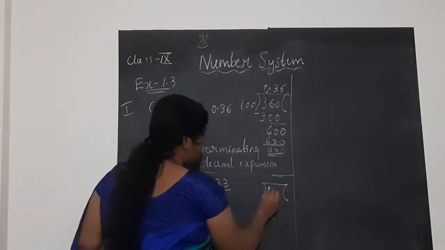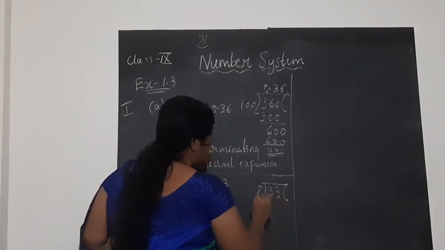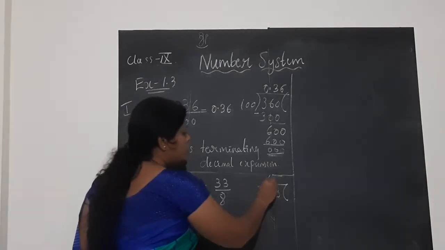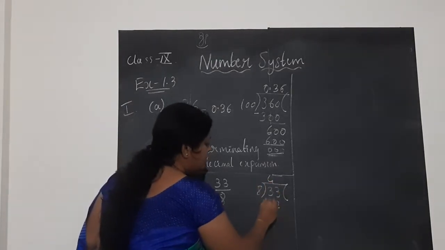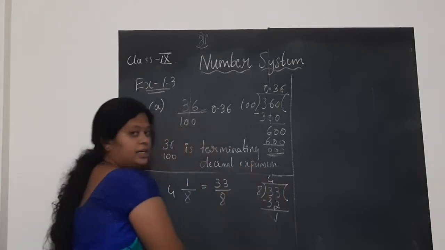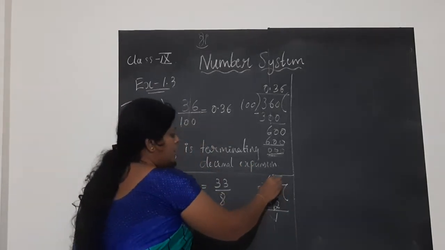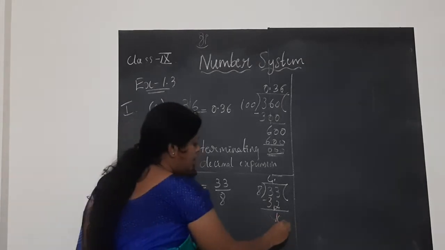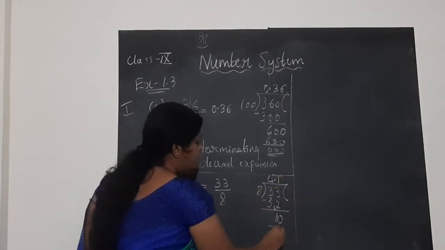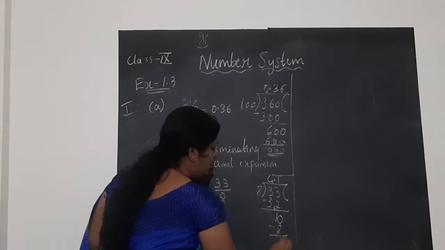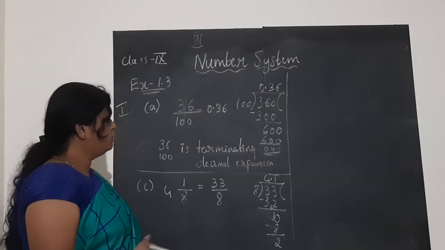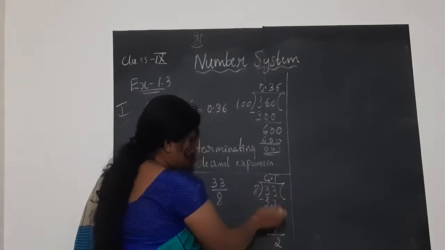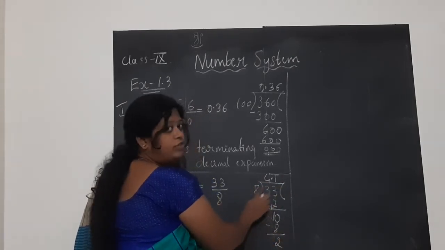We divide 33 by 8. 8 4s are 32. 33 minus 32 is 1. Next is not divisible. Keep the decimal point and take 0. 8 1s are 8. 10 minus 8 is 2.